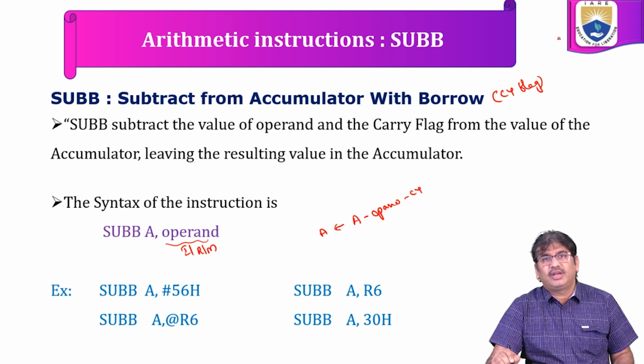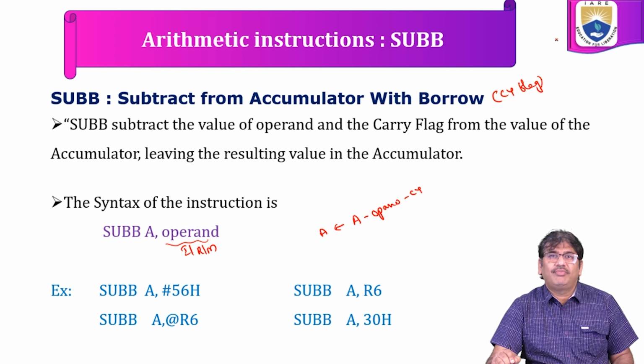A few examples for SUBB instructions are SUBB A, #56H. Here, the 56H will be subtracted along with the carry flag from the accumulator, and the result we can see in the accumulator. SUBB A, R6. Here, R6 register contents and carry flag are subtracted from the accumulator, and the result will be placed in the accumulator. SUBB A, @R6.